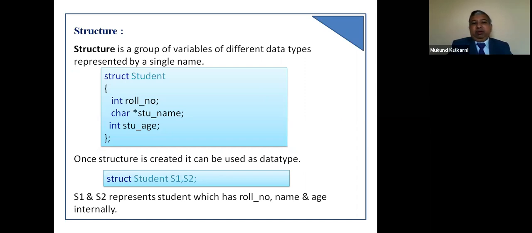It contains roll number as an integer, name as a string, and age as again integer. So this is a definition of structure. Once structure is defined, it can be used as a data type. Now here a sample of code is given. Struct student S1, S2. Now S1 and S2 represents student data objects which internally has roll number, name, and age.